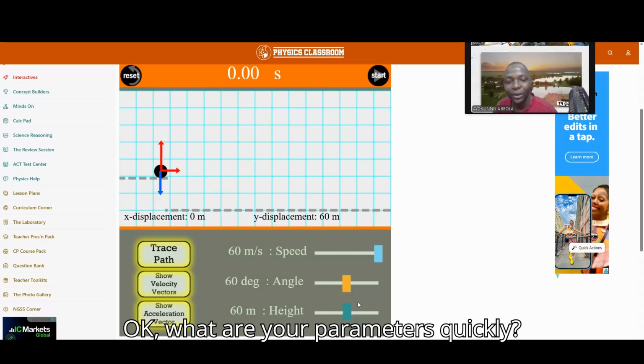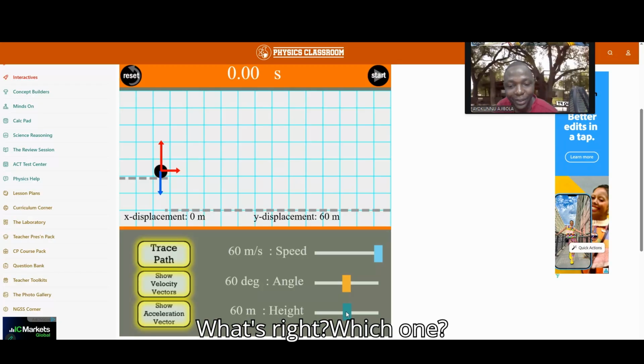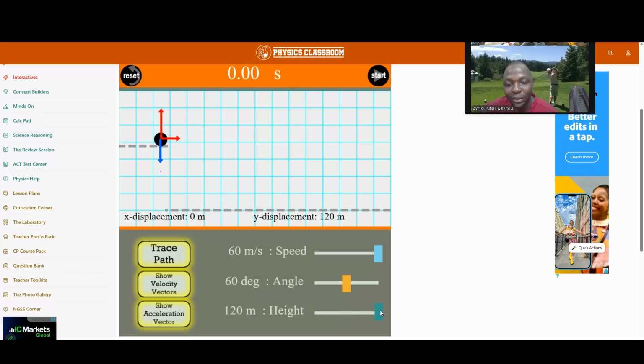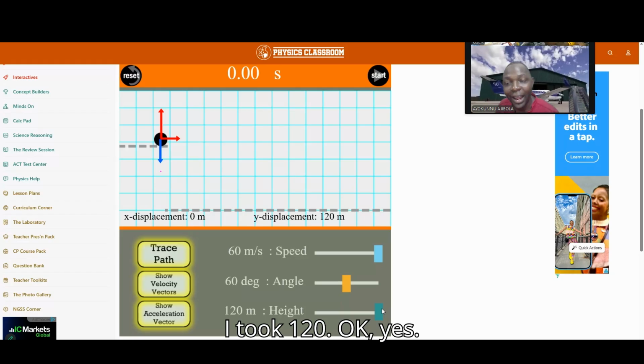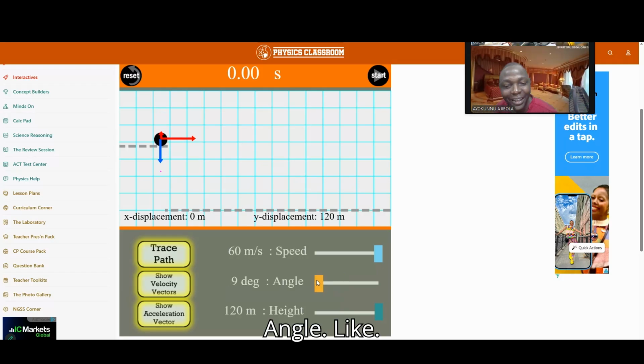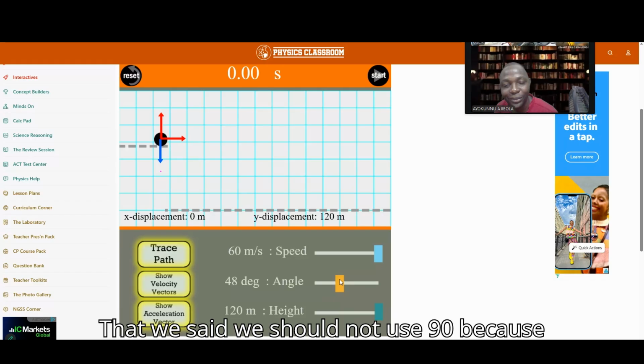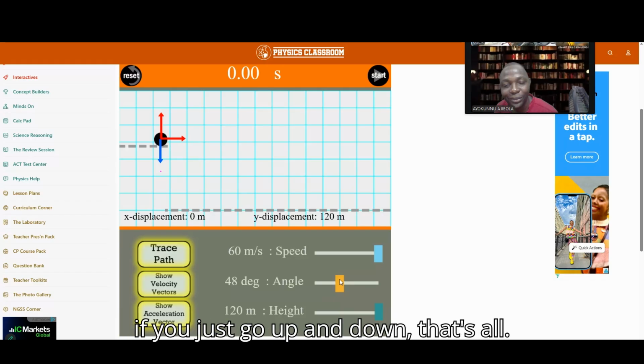Okay. What are your parameters quickly? Height 120. Angle 90. Well, we said we should not use 90 because it will just go up and down, that's all.